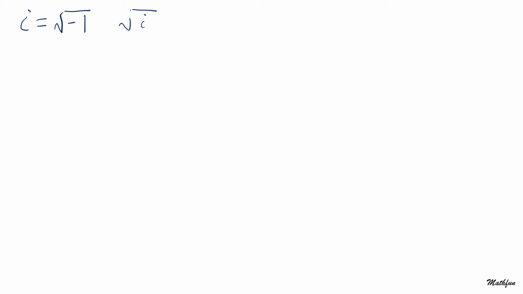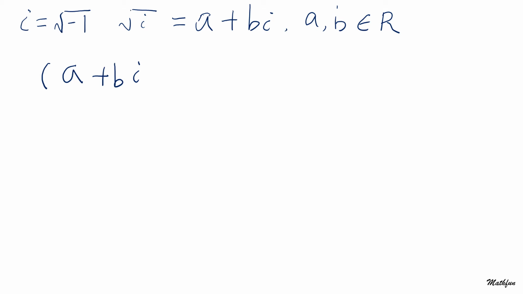One of them is simple, just straightforward. Let's make the square root of i equal to a plus bi, where a and b are both real numbers, and we'll try to solve for a and b. So that means (a plus bi) squared will equal the square of the square root of i, right?